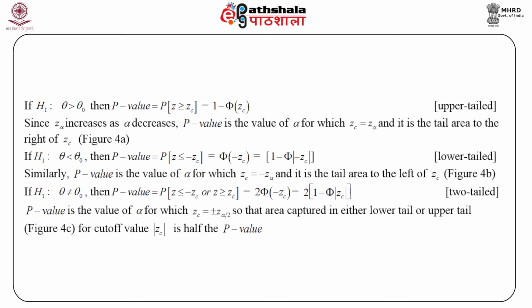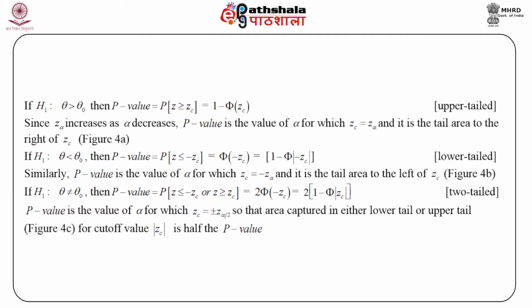Now, if we write the alternative hypothesis H1 as theta not equal to theta 0, then we have a two-tailed test, and we can write the p-value as the probability of Z greater than or equal to modulus ZC, or Z less than or equal to minus ZC, which will be equal to 2 phi(minus modulus ZC), which is the same as 2 into 1 minus phi of modulus ZC.